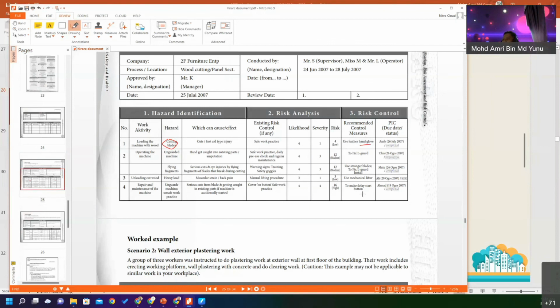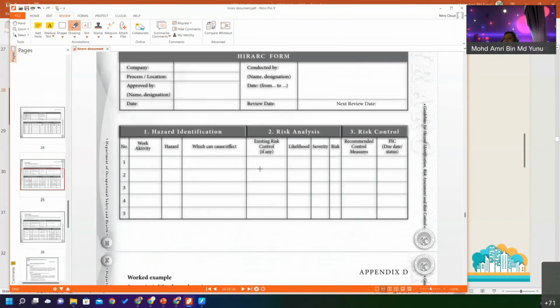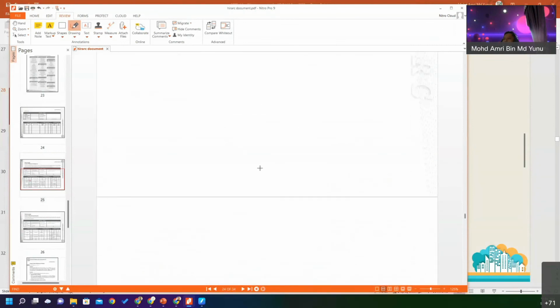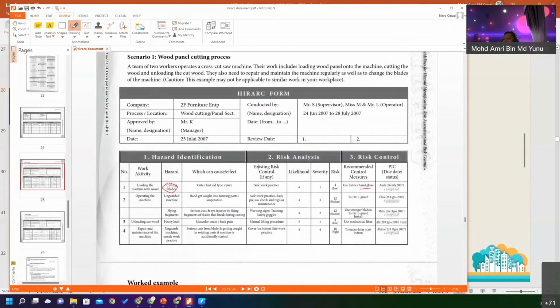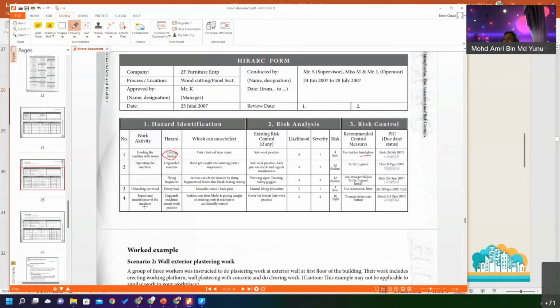Now we look at the high region, 15 above, 16 above, in the green zone. Like this, repair and maintenance of the machine, unguarded machine, unsafe work practice. Serious cut from blade and getting caught in rotating existing cover on button.